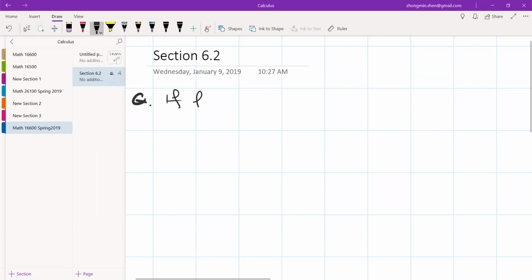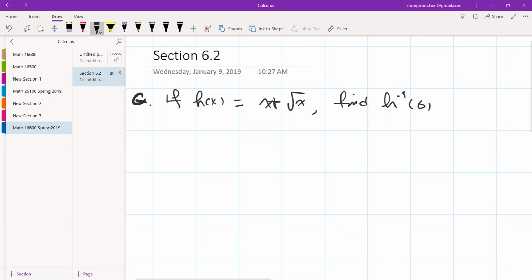If f of x equals x plus square root of x, find the inverse of this function. You don't need to prove the inverse exists for this problem, but you have to understand what the inverse means.